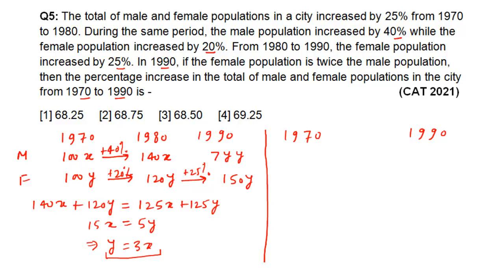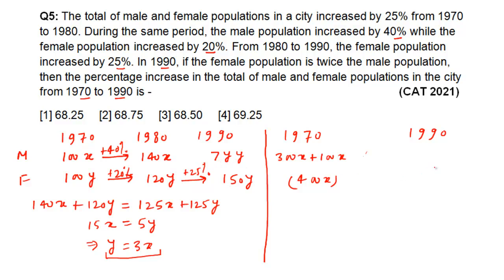Since y is equal to 3x, this is 300x plus 100x. So 400x is the total population of male and female in 1970.